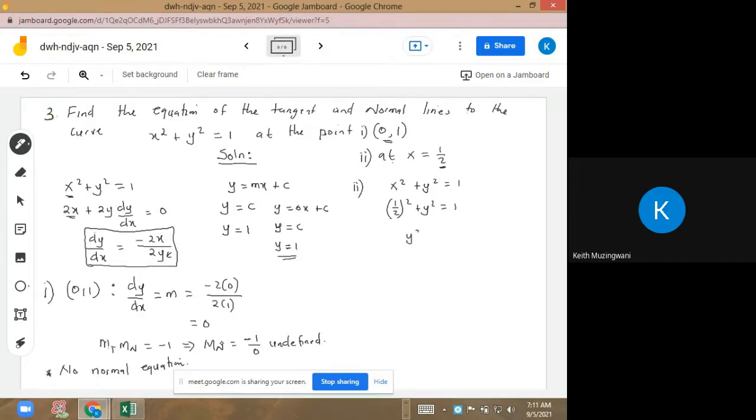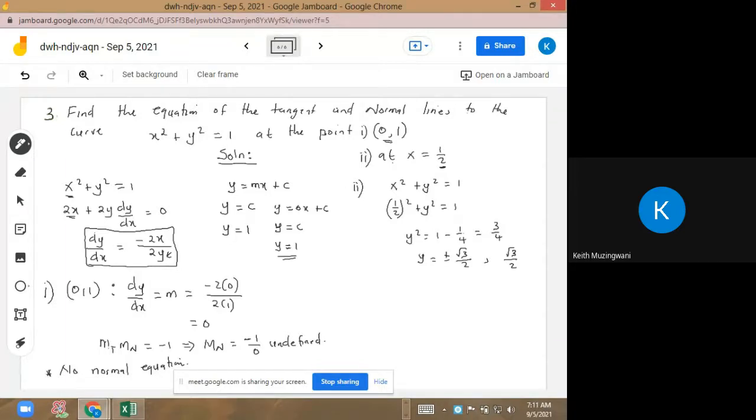So we'll have y squared is equal to 1 minus 1/4, giving us 3/4. So y is plus or minus root 3 over 2. So we are talking about 2 points. If we pick one point, let's pick the point root 3 over 2.